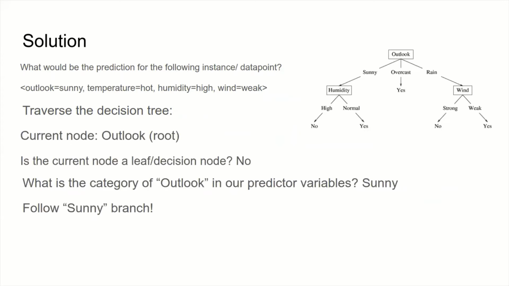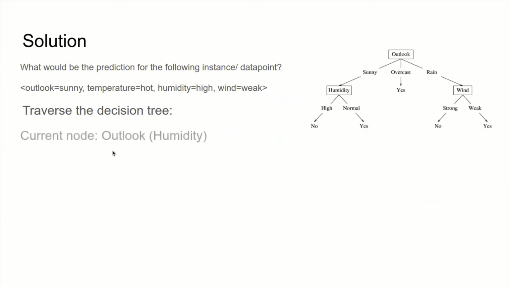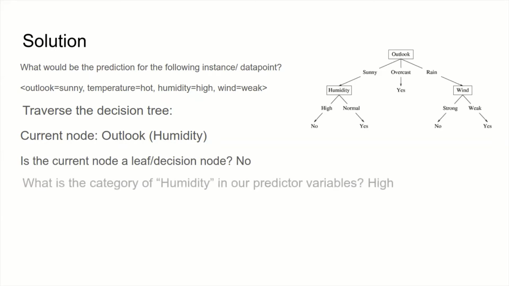Well, sorry for this typo, it is not outlook, it is humidity, so ignore this, please. So we are here in humidity. Again, we ask ourselves, is this current node a leaf or decision node? The answer is no. So we search for the value of our instance and which branch it corresponds to.